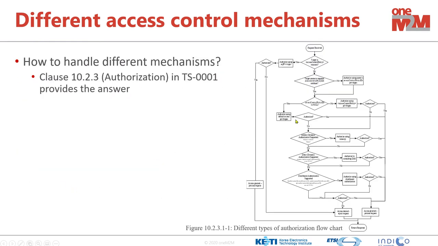We have the concept of the default access control policy. So there is the flow as a summary, which one should go first, and then the other. If you're interested, please find clause 10.2 in TS-0001.